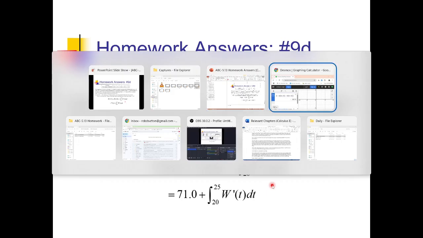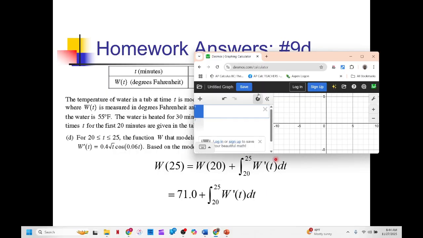So going back to my calculator, let me clear out what's already in there, and let me write in the w prime function. Now when I do this, I can't actually write w prime because my calculator doesn't know what w is, so putting a prime on it is going to confuse it. I'm just going to call it g. So g(t) equals 0.4 square root of t, and then arrow out of that square root, and then we've got cosine of 0.06t, and that is my function.